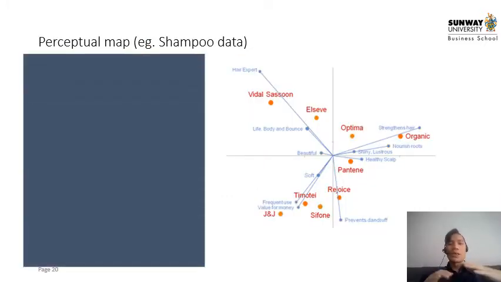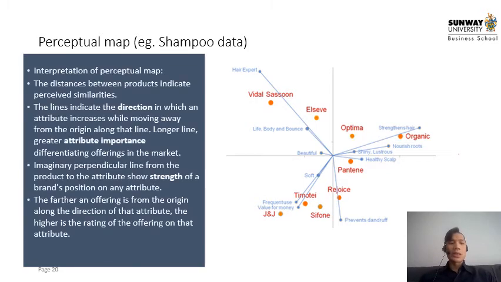Okay, so now I'm going to explain to you a little bit about what we see on a perceptual map. Now you see that on a perceptual map, you will get the distances between the products. Let's say Vidal Sassoon and Elsif. Okay, the closer they are means that they are more similar. The further they are means they are very different. Now the lines indicate the direction in which the attribute increases while moving away from the origin of that line.